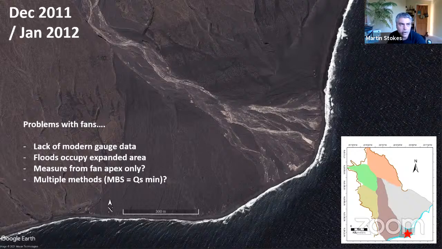If we did this for our fan, it's about 200 meters wide, and that takes the discharge estimates up to about 700 QMEX, more than tripling the results. And then you need to be using multiple hydrological methods rather than just the maximum boulder size method, which is something we've got in hand.